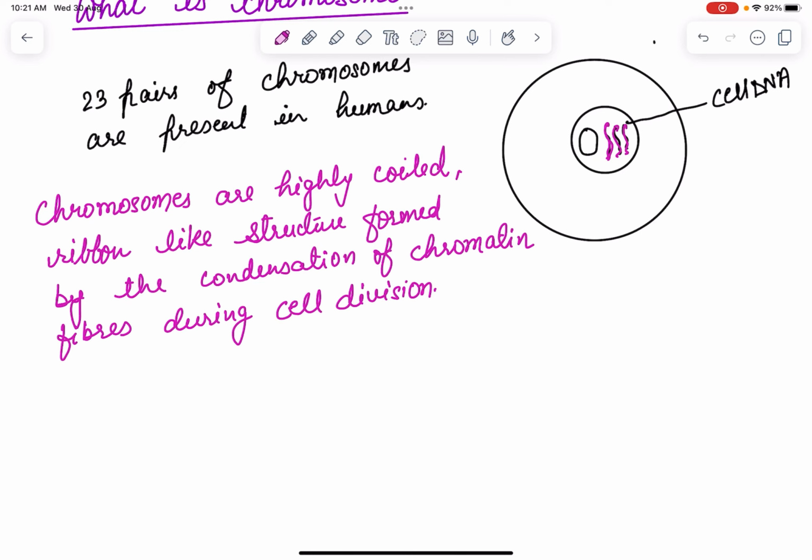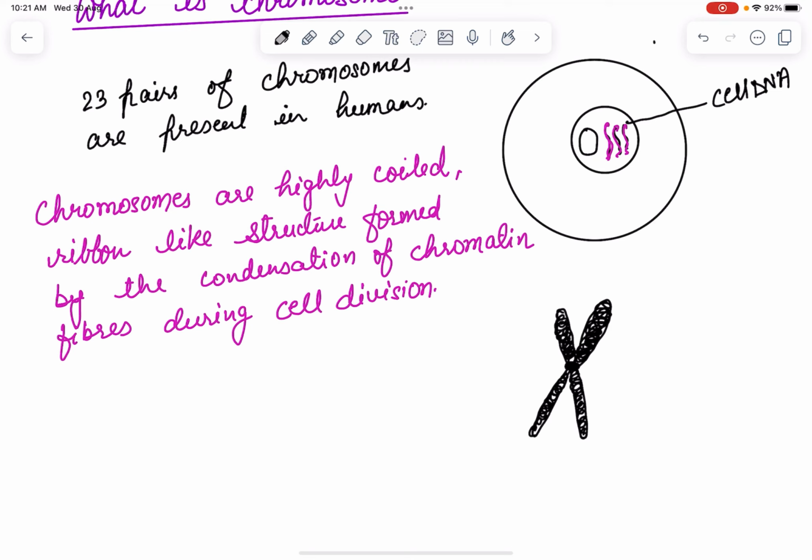The structure of chromosome will be like this. When it gets condensed and coiled, it forms a ribbon-like structure.